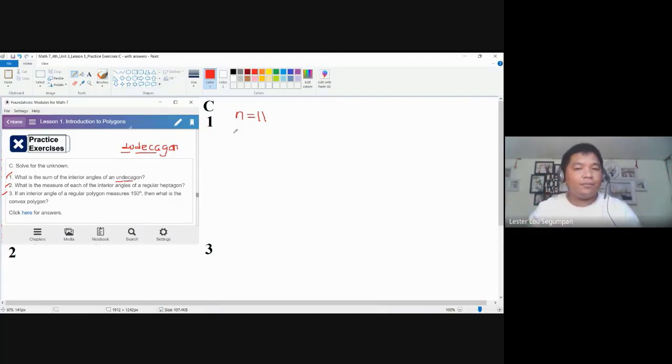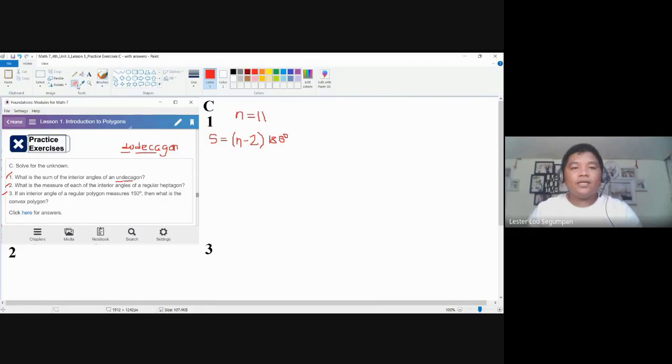Our main focus for number one is to determine the sum of the interior angles of an undecagon. To do that, we have a formula for the sum of the interior angles of any polygon, which is represented by S and is computed by subtracting 2 from n and multiplying it by 180 degrees.